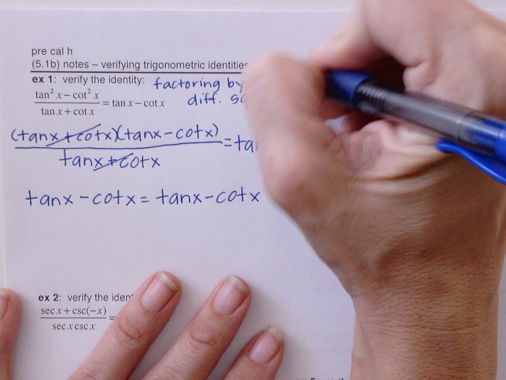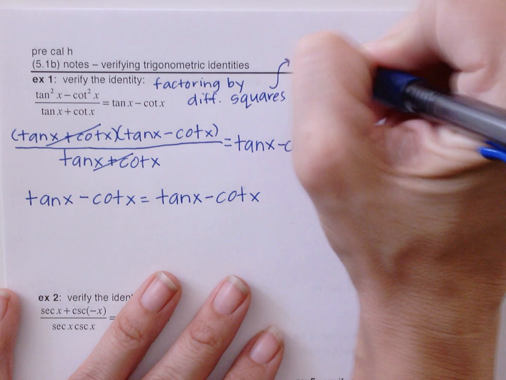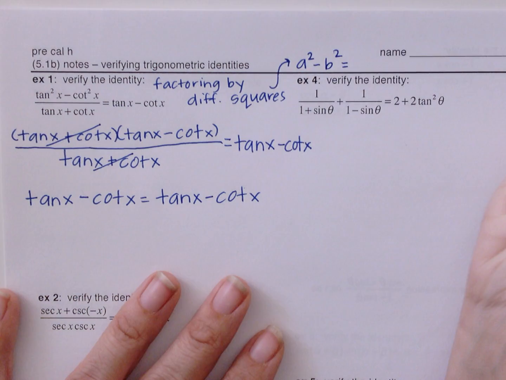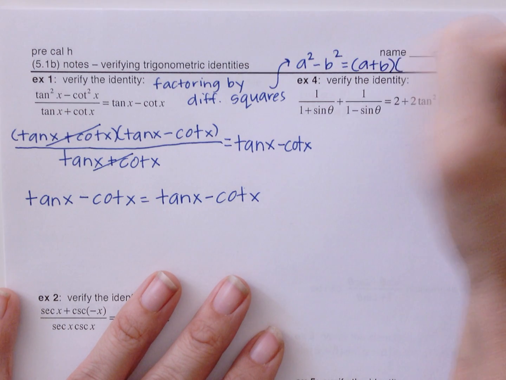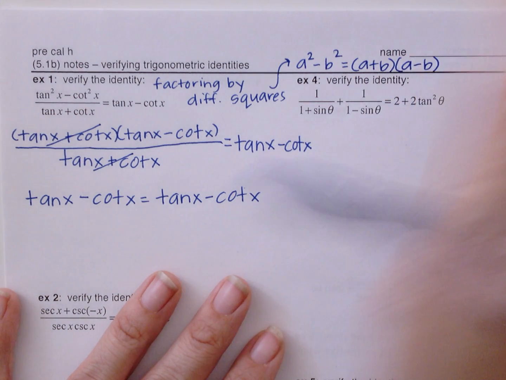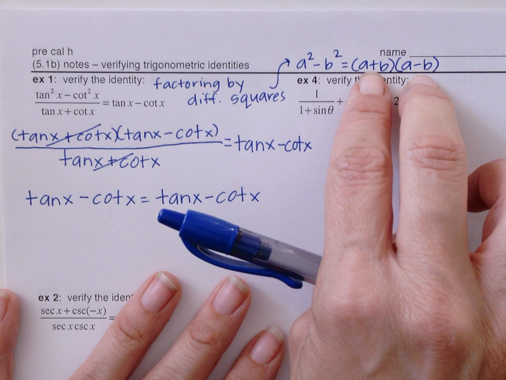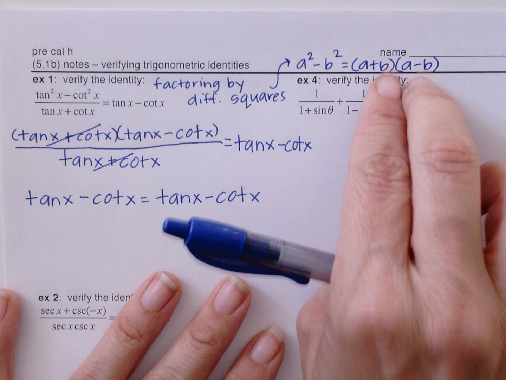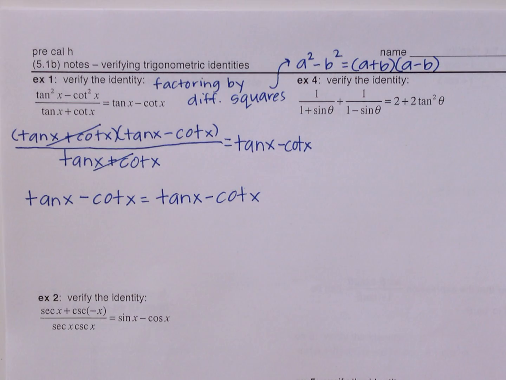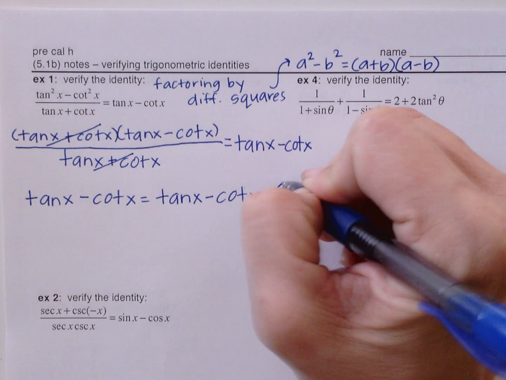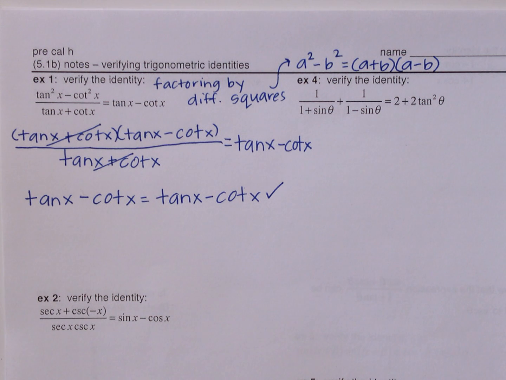What I also will point out is if you had a squared minus b squared, the pattern for difference of squares is that you have a plus b times a minus b. These are called conjugates of each other. And the nice thing about conjugates is whenever you multiply them together, your middle term cancels out. So that's pretty cool. Give this one a check mark and let's move on.